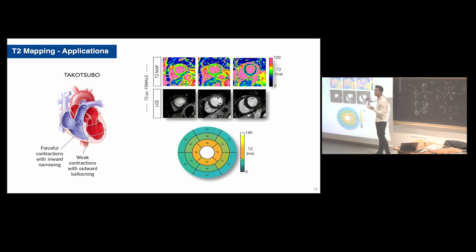We will do the late gadolinium enhancement sequence that I will present later to see if there is a scar, so myocardial infarction, or we'll do a T2 mapping sequence to see if there is elevation of T2 values. If T2 is elevated and LGE negative, this is Takotsubo cardiomyopathy. So these two sequences are really powerful in these patients.